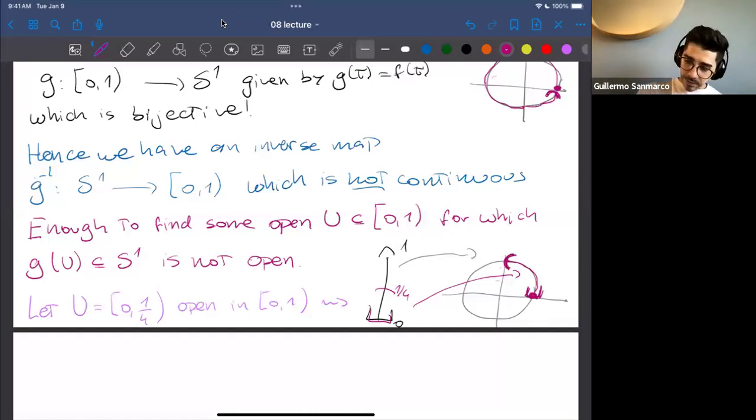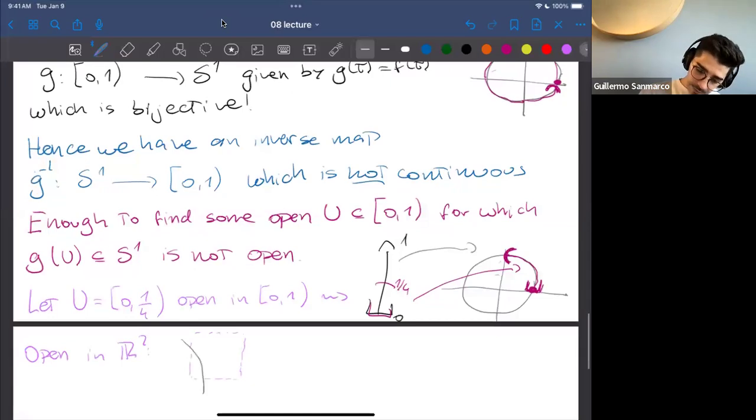Well, to get open sets in S1, we need to look at open sets in R2. Remember, these are unions of squares or rectangles like this, because we're considering the product topology. Now, when you intersect that with S1, something like this, you're getting just open here, open here.